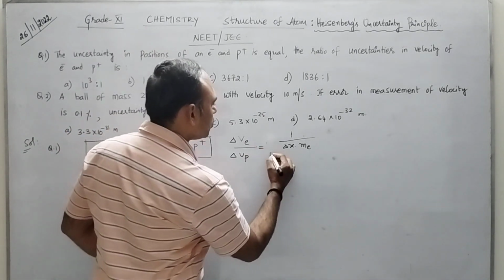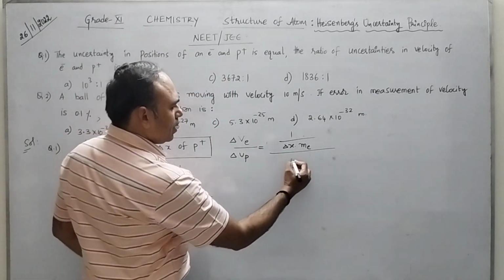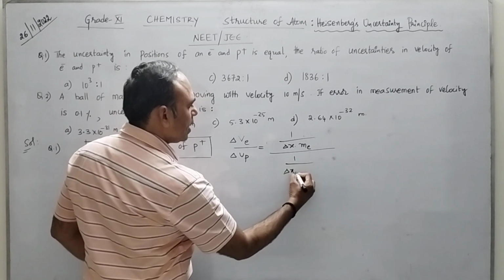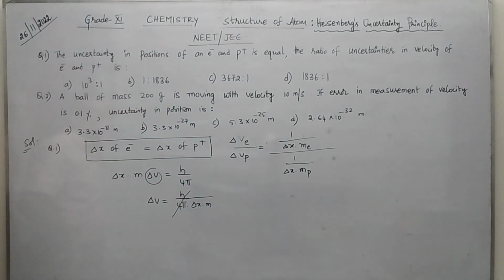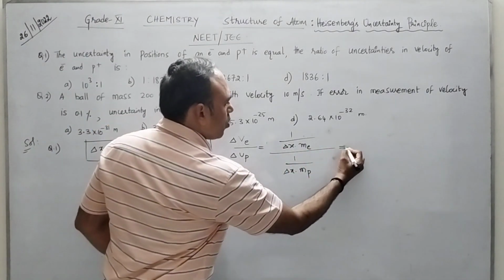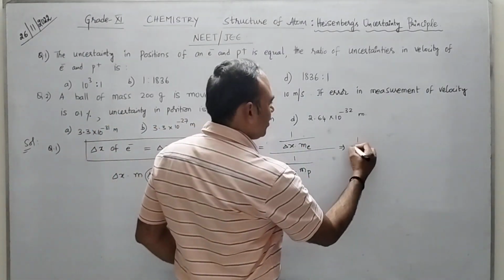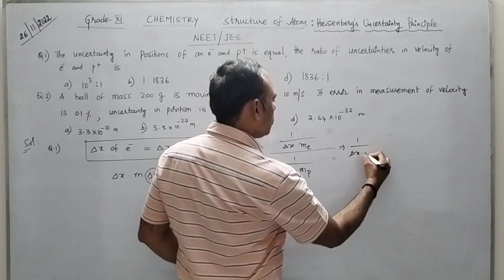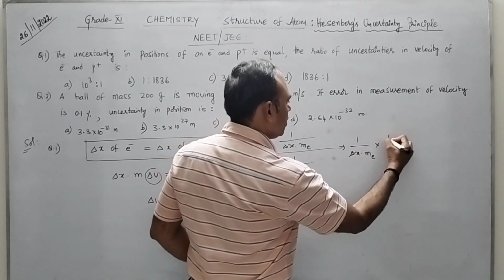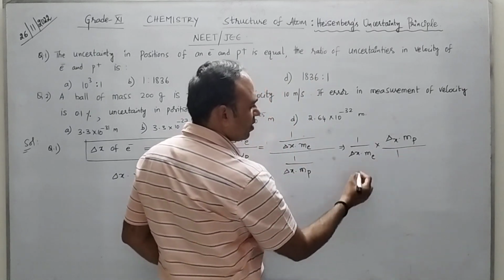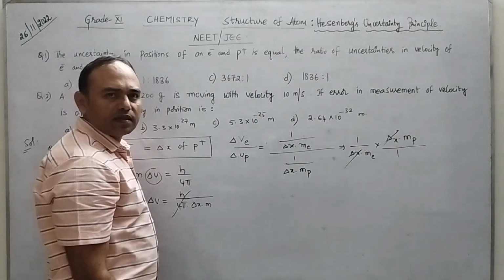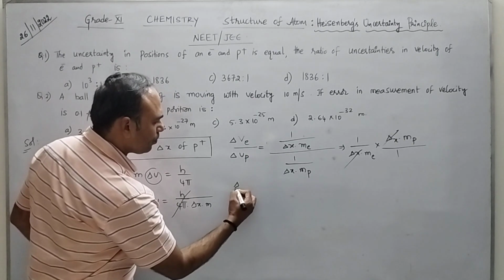So it is equal to this by 1 by delta x into mass of the proton. Now on calculation we get 1 by delta x into me into delta x into mass of proton by 1. Both are equal, hence you can cancel. So what we get finally?